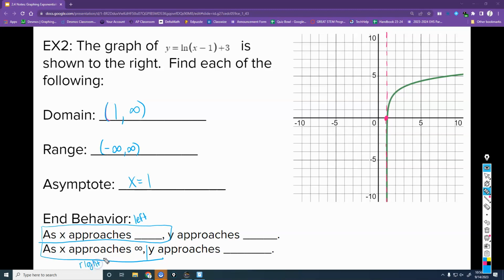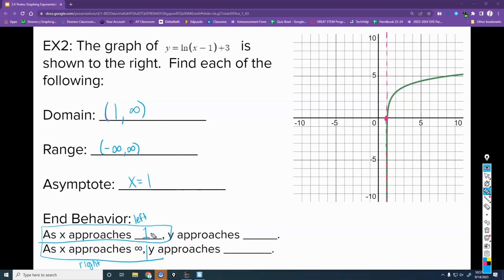But if we start over here, do we approach -infinity? We never get past what number? 1. So I think what you're more likely to see is as x approaches 1 in this case, because you don't actually go to -infinity. Maybe some questions might still say -infinity, because -infinity is over here, and I guess as you go this way, you are getting closer to -infinity. It's just you never really get anywhere close to it because you stop at 1, right?